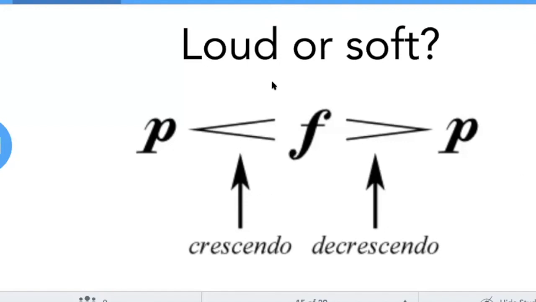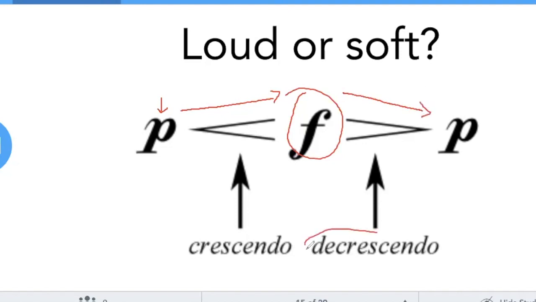It's called a crescendo, and that's when we go from quiet, as you can see here with piano, all the way up to loud in forte. Then when we go back down from loud all the way down to quiet, it's called a decrescendo. Okay, let's go on to our next slide.